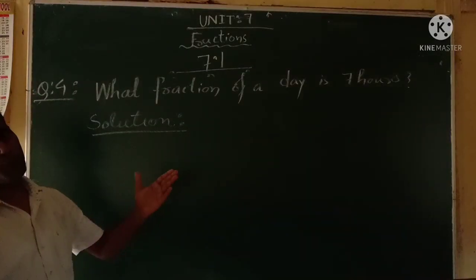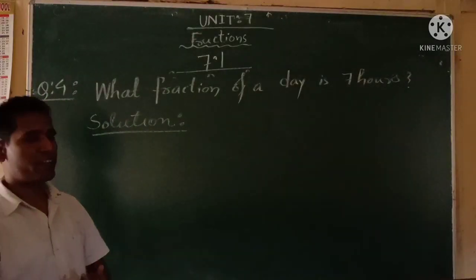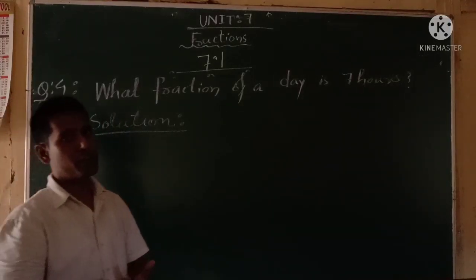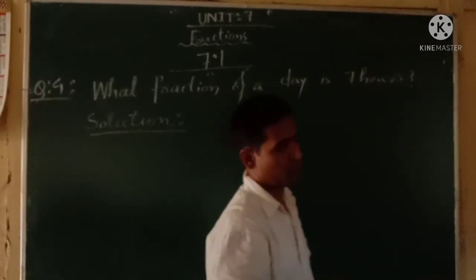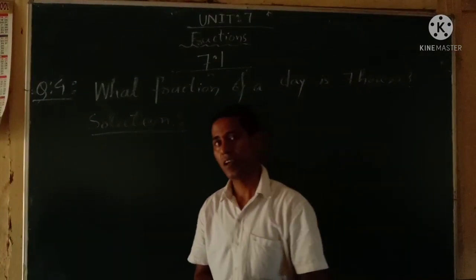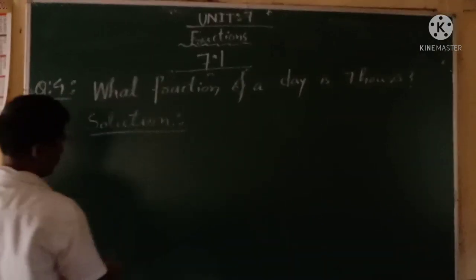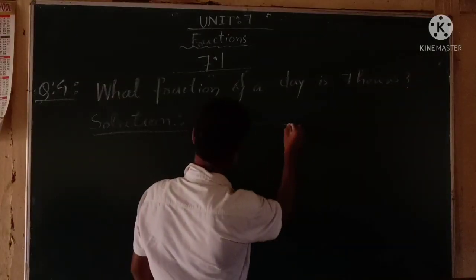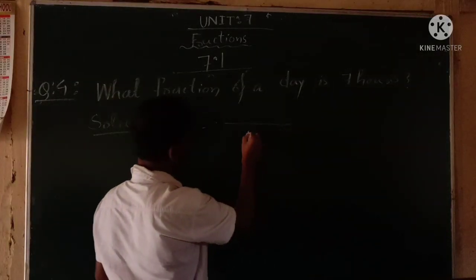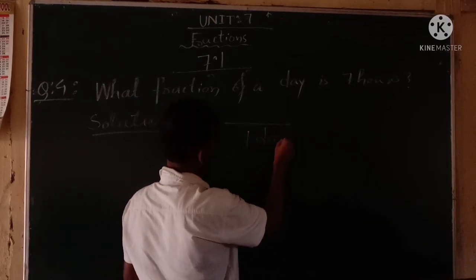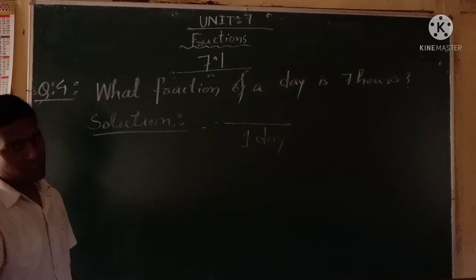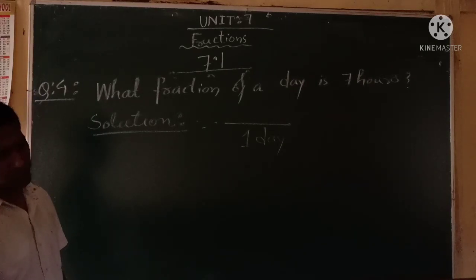If it is day, both the numerator and denominator should be day. If hours, both the numerator and denominator should be hours. If minutes, both should be minutes. Now let's see what we got. A day, that means 1 day, and we got 7 hours.